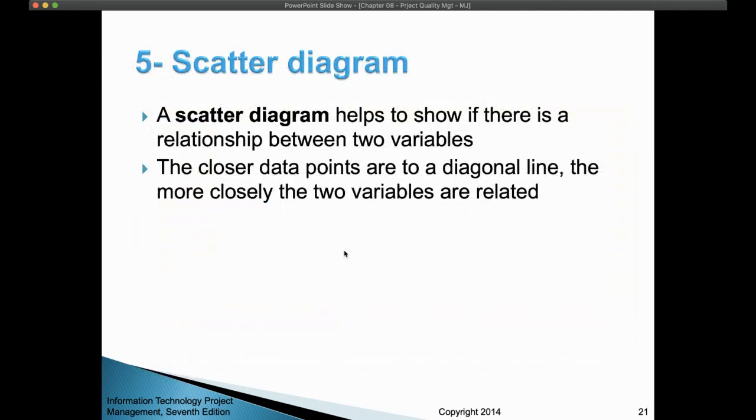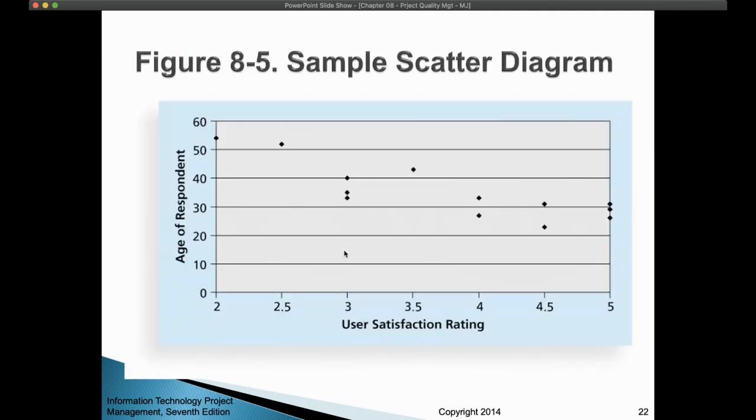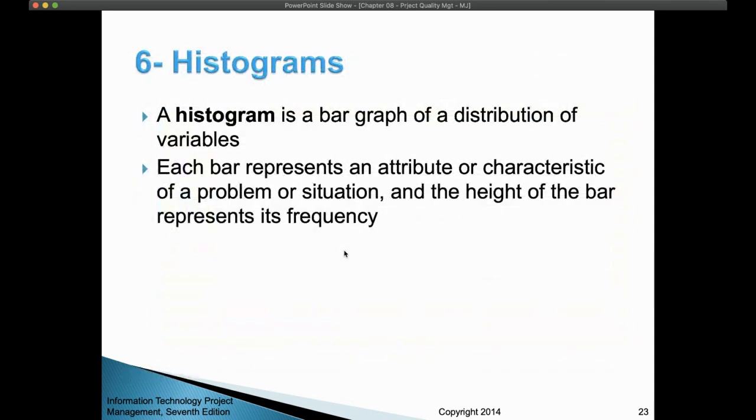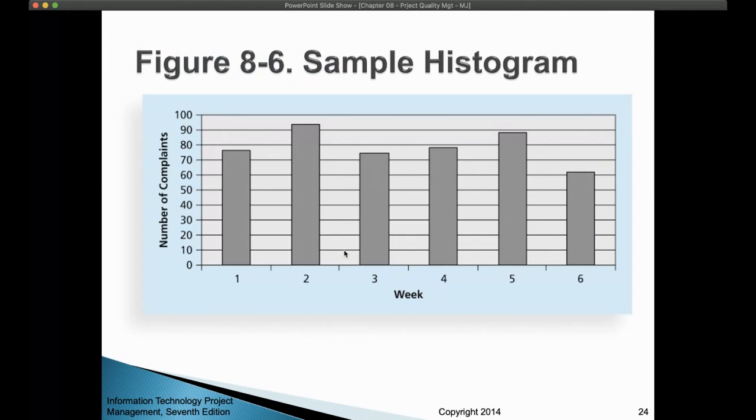Okay, showing the relationship. Okay, the histograms, and this is similar to the first one that we talked about, the charts. It will show a distribution of the variables on a graph, and you can see it here. For example, this is the number of complaints that we received in a week.